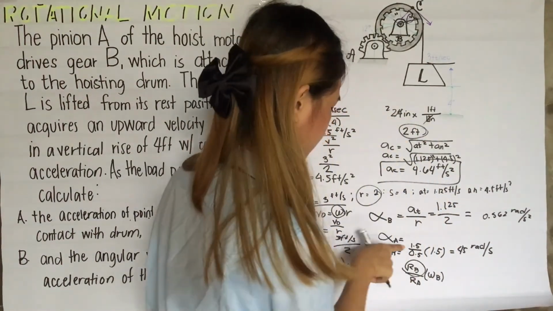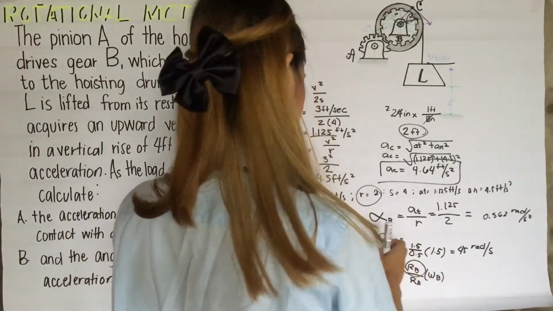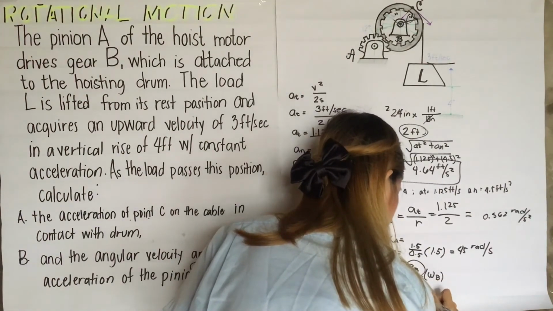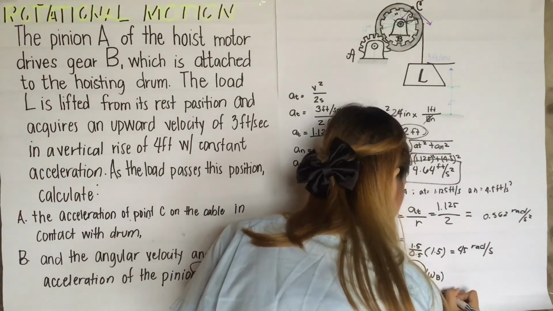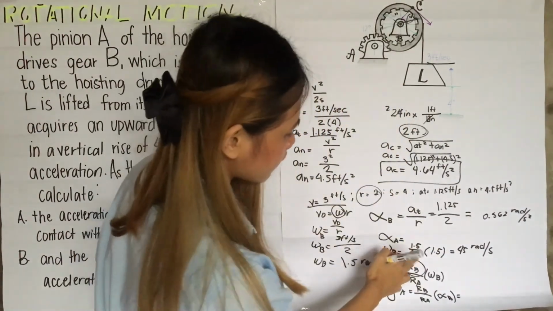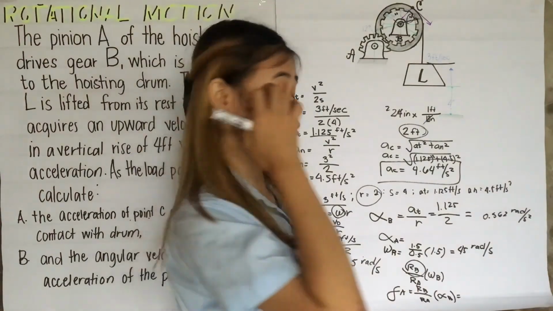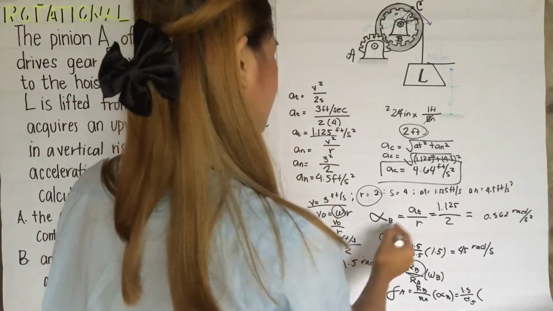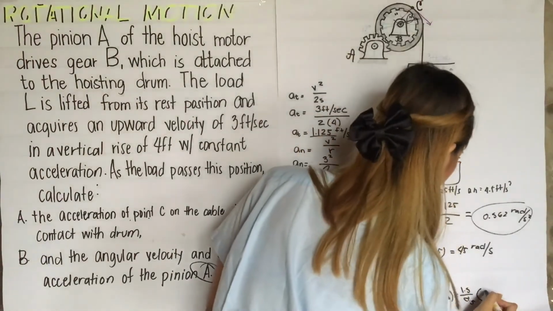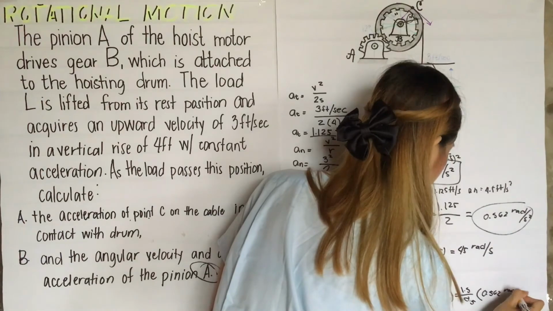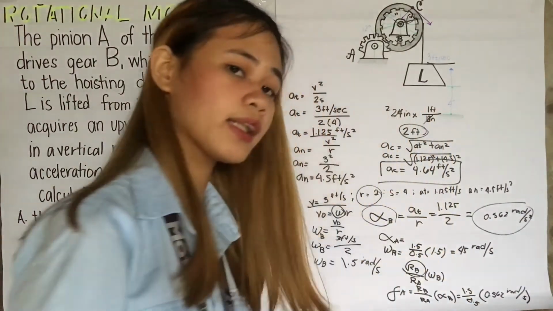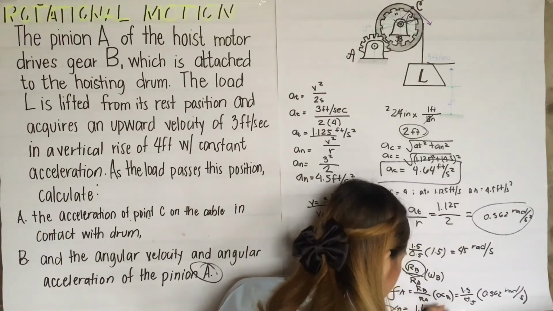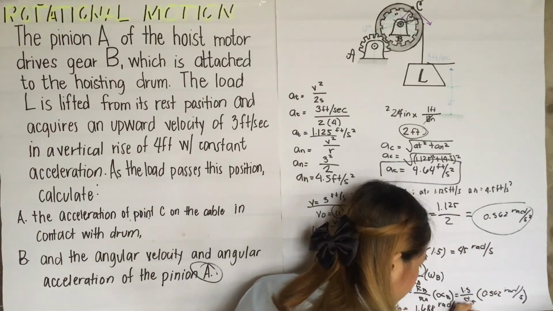For the angular acceleration at point A, we get it from R_B over R_A multiplied by the angular acceleration at point B. We have already gotten the radius at point B and radius at point A. So, 1.5 over 0.5 multiplied by our angular acceleration at point B, which is 0.562 rad per second squared. So, the angular acceleration at point A is 1.688 rad per second squared.